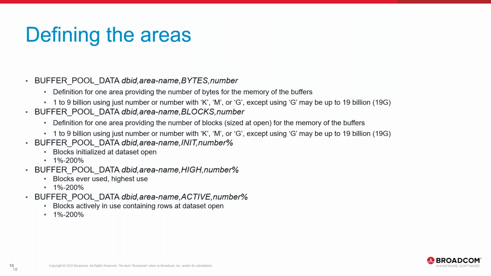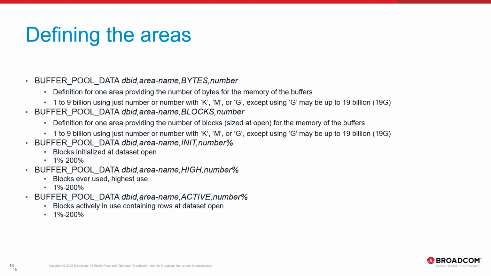So on this page, there's 5 basic styles. It's probably too many, but the thinking is that some user will like each and every one of them, and it will be better for a certain purpose. So forgive me that there's 5 of them, but this is what we have. On the screen, the examples all have buffer pool data, but consider it's buffer pool data or buffer pool index.